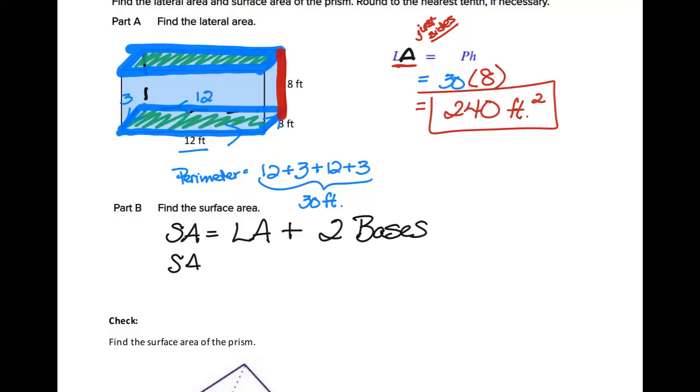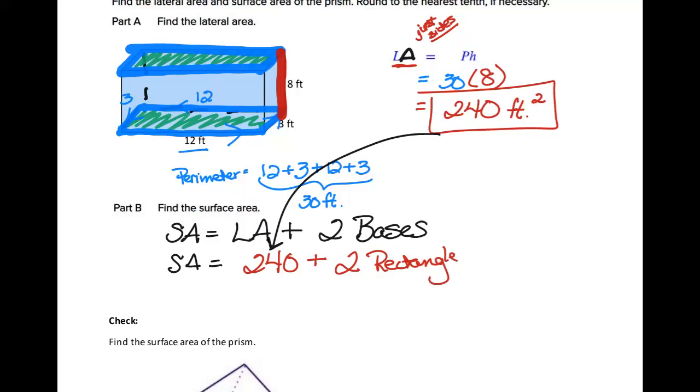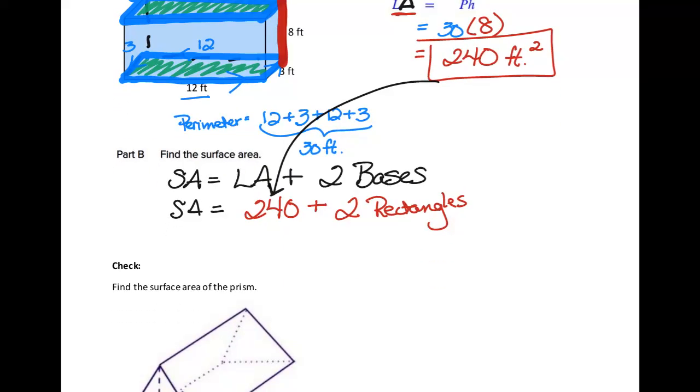So surface area is equal to the lateral area, which you just found to be 240, plus the area of two rectangles, because our bases are in the shape of a rectangle. Does anybody remember what the area of a rectangle is? Like what the formula is?